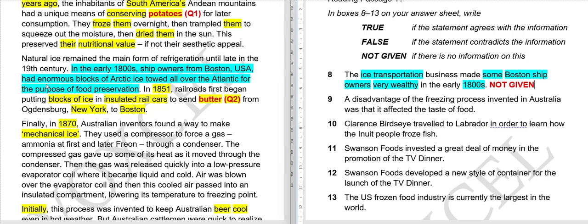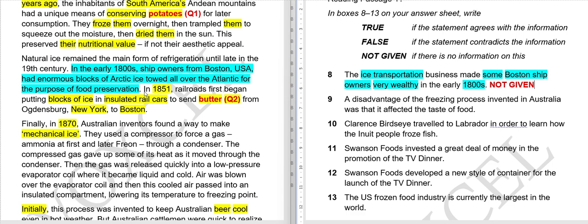Enormous means huge. They were carrying huge blocks of Arctic ice and towed it from all over the Arctic to the US for the purpose of food preservation. But did they make a lot of money by transporting ice to the US? We don't know. Or whether they lost money, we don't know that either. So in this case, we don't have any information about the amount of money they made or didn't make. So we will say not given.